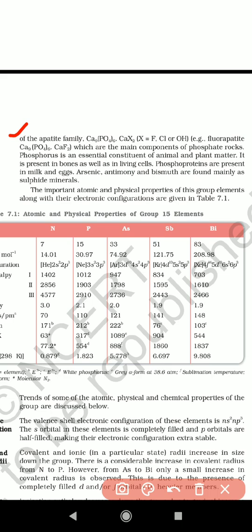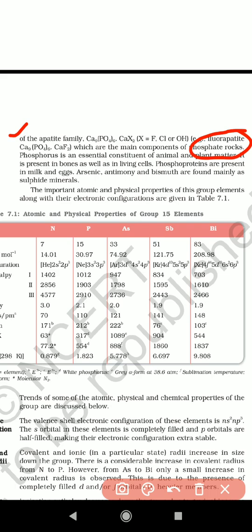What are the main components of phosphate rocks? Phosphorus is available as calcium compounds, calcium phosphate and calcium halide combinations, in phosphate rocks.